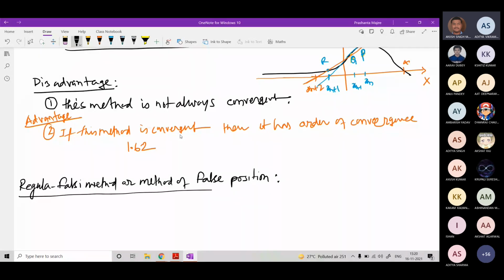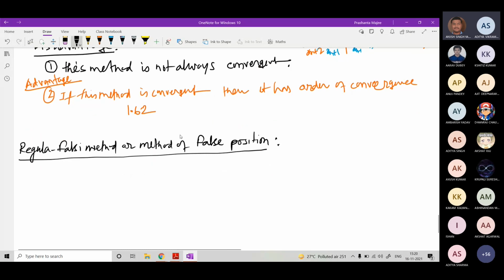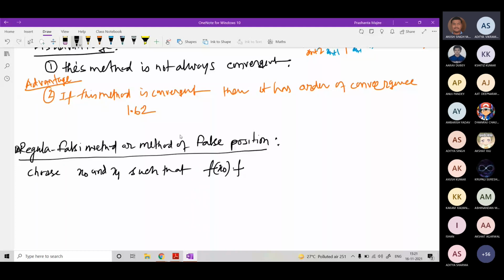उसमें क्या करेंगे? 2 पॉइंट जो स्टार्टिंग में था ना, what were the initial 2 points? x0 and x1. So choose x0 and x1 such that their functional values at x0 and x1 are of opposite sign.